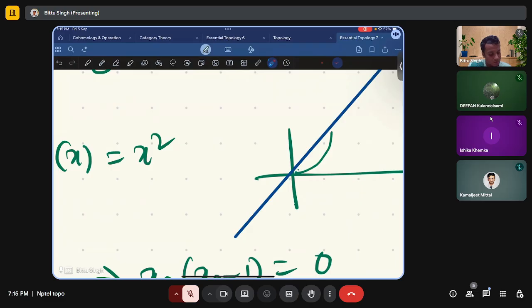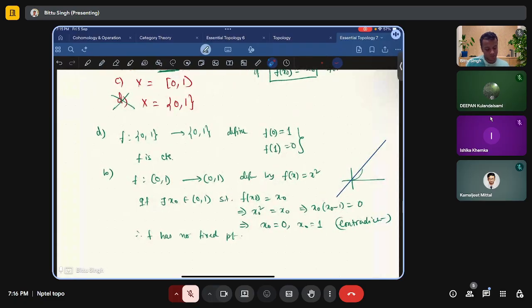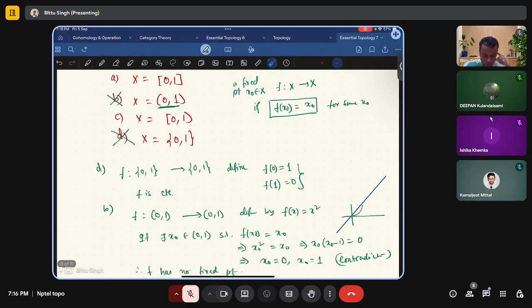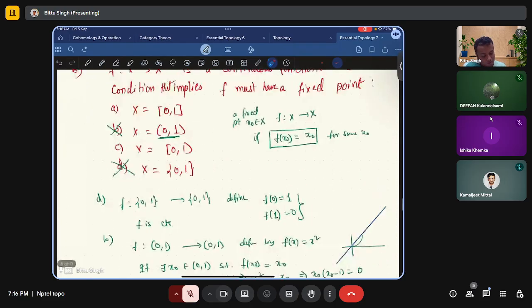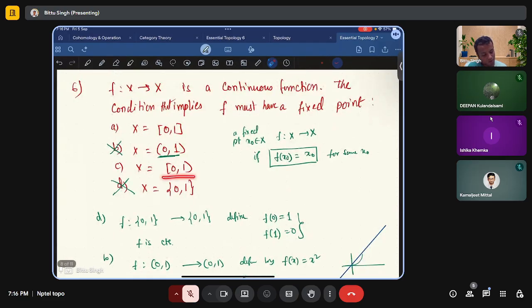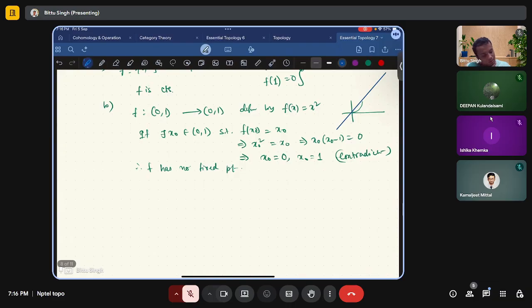So it cannot intersect this line y equal to x. Okay, this is another way to see that this function has no fixed point. Now can you construct a counterexample for option C? The closed-open [0, 1), this has no fixed point. Okay, let us create one.